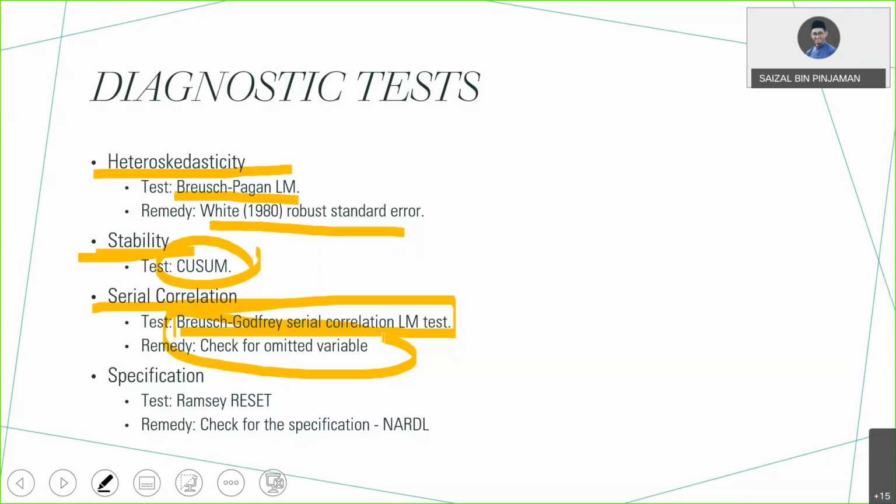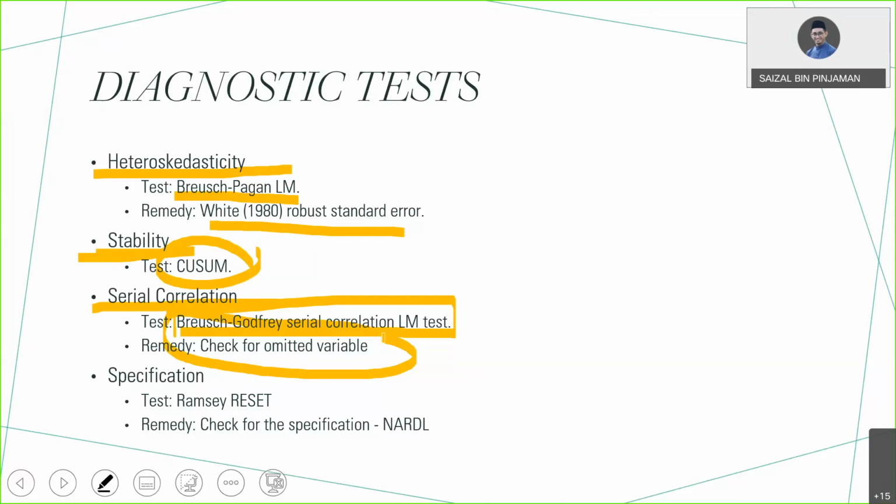Since we failed to include these important variables, the impact of those variables will be recorded by the error term, thus leading to an error term that is serially correlated. So we have to check for the omitted variables.